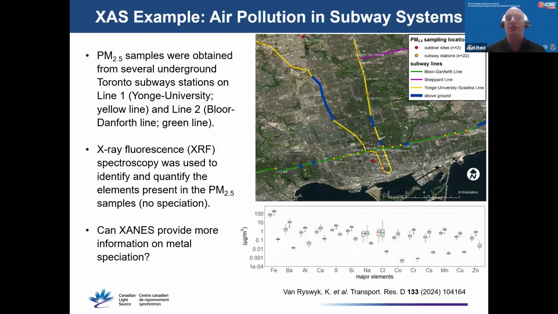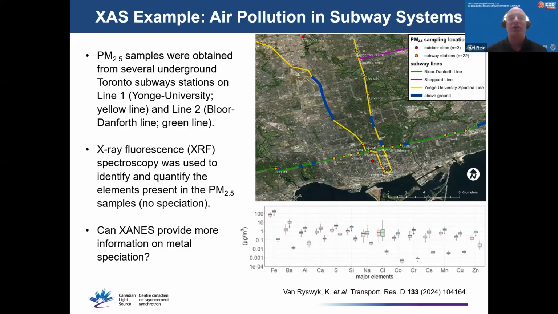Air filters were used to obtain particulate matter from 22 different subway stations on both the Yonge-University and the Bloor-Danforth subway lines, plus 2 outdoor sites for reference. The samples were initially examined with X-ray fluorescence to determine the main element species present in the particulate matter.